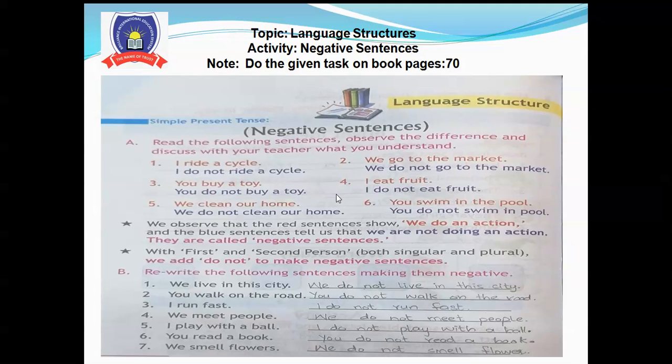I do not eat fruit. We clean our home. We do not clean our home. You swim in the pool. You do not swim in the pool. Okay, students, tell me what you have observed.